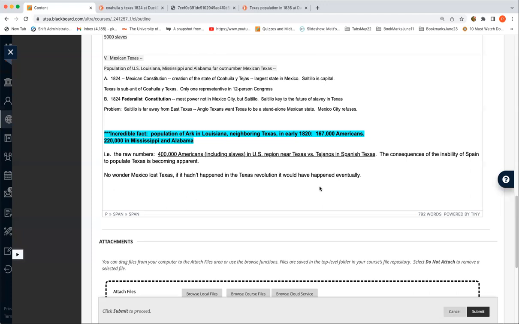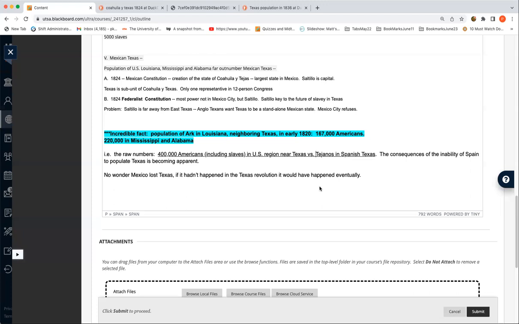So when you compare Spanish Texas and then in 1821 Mexican Texas to the U.S. states east of here, well, there's no comparison. It's basically at most 4,000 Tejanos versus 400,000 Americans. And this kind of sets up why Texas is going to be lost to Mexico in 1836 and later join the Union in 1845.